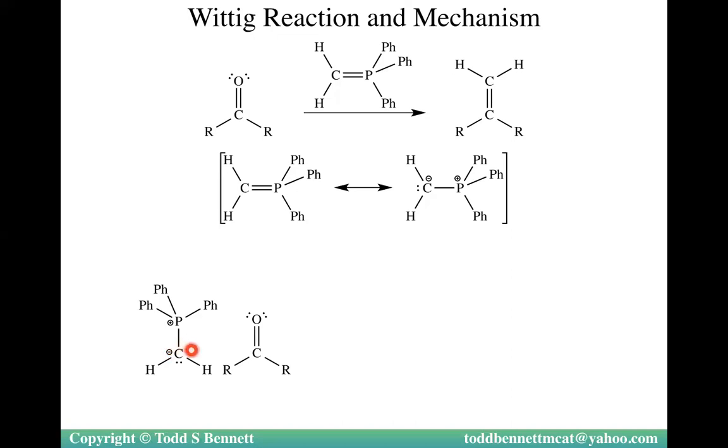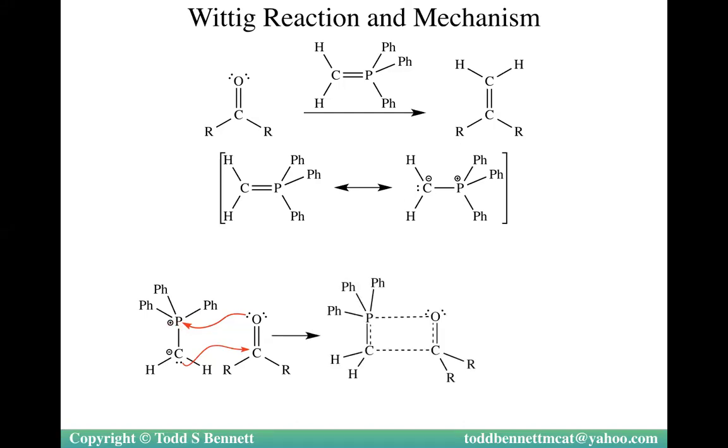This negative then can attack the carbon with a delta plus of the carbonyl. We're going to see these electrons go that way. Simultaneously, these electrons go that way. So I'm going to get rid of my arrows, let the computer generate it. So again, here's my nucleophilic attack to carbonyl. This kicks up. That's going to come over the phosphorus. You have this intermediate.